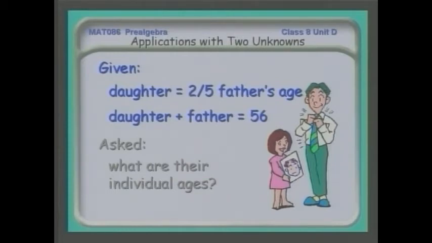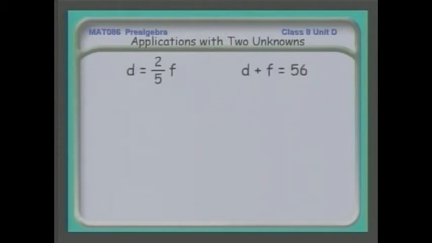Now you see here there can be two separate variables, but they're related to each other, because if we call one variable the age of the daughter, the other variable the age of the father, we see that those two variables are related by that 2/5. Let's continue and see how we would do this. By putting this into an equation, here are two things we know.